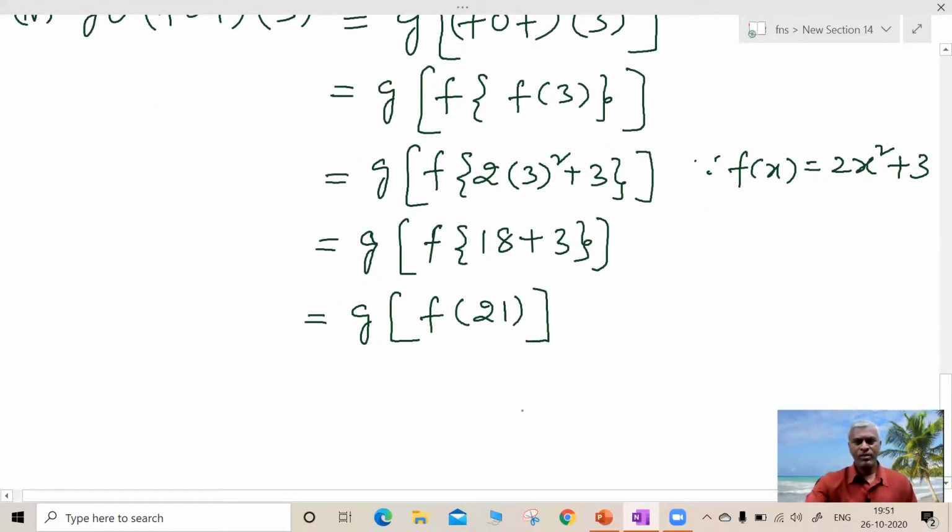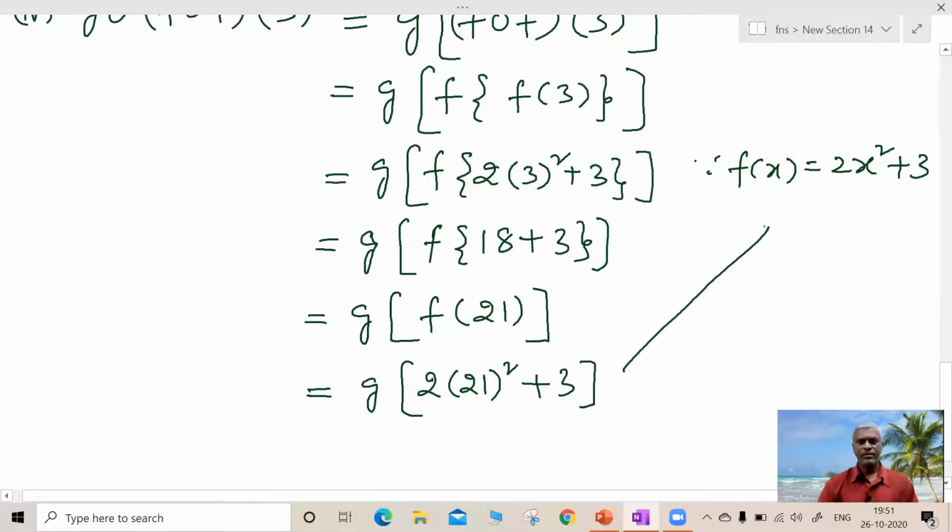Again substituting 21 in place of x, f of 21. So 2x square, 2 into 21 square plus 3.